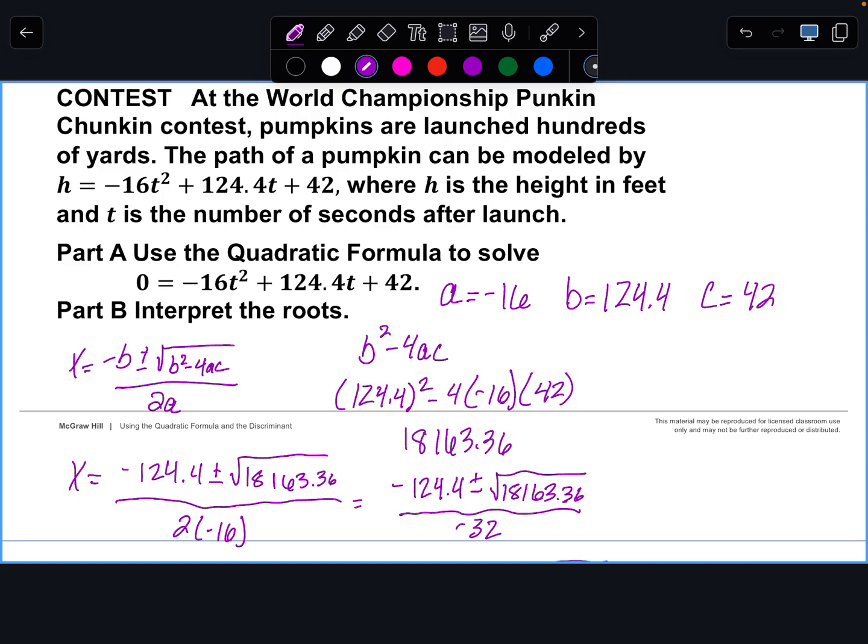So if I put 0 in for t, what do I get for a height? 42, okay? So that's my starting height. That's where the catapult is launching the pumpkin from, a height of 42 feet.